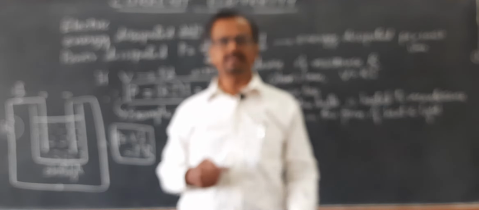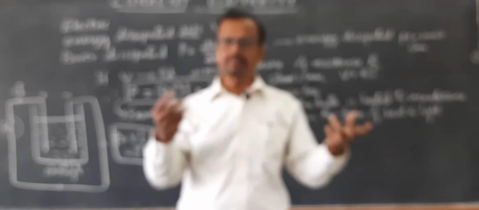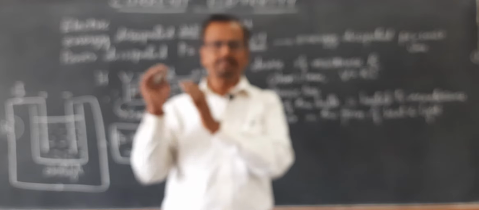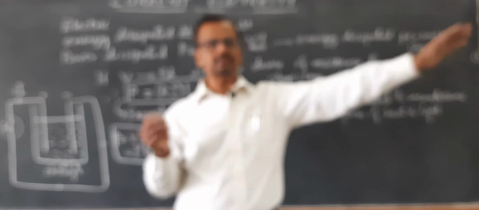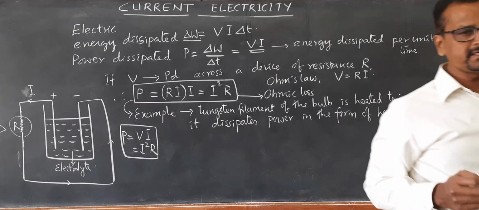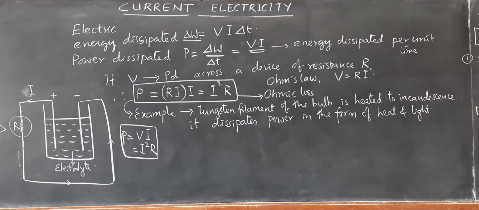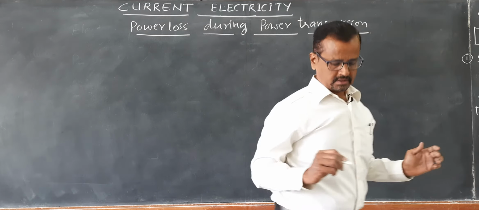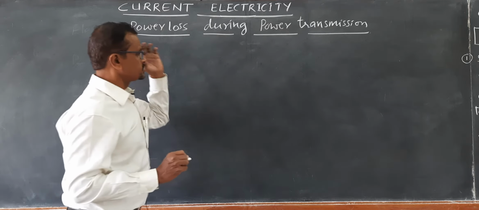Then how to minimize this power loss? Power loss will always be there, and more than the power demand of a particular city, the power loss through the cable can be very high. So, that is the next aspect: how to minimize power loss during power transmission.